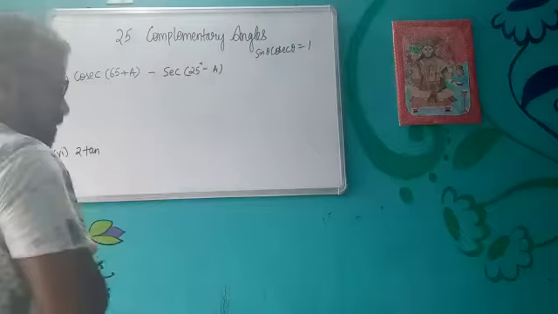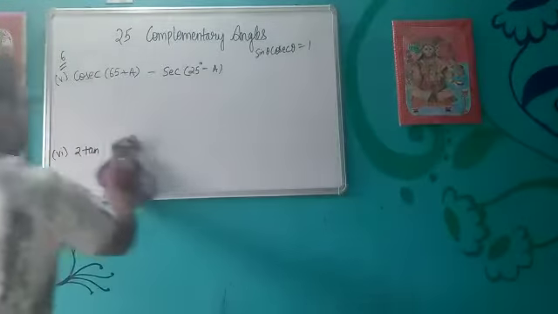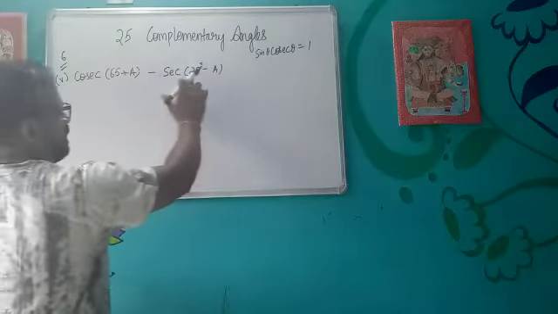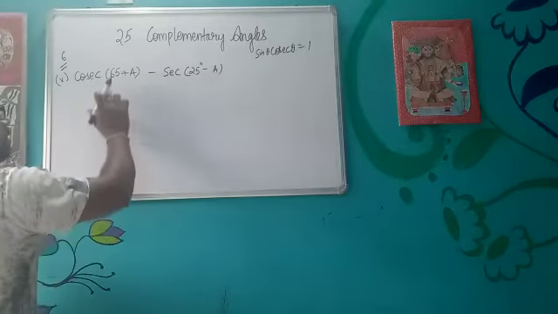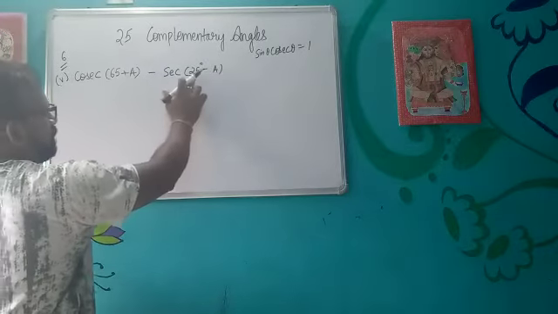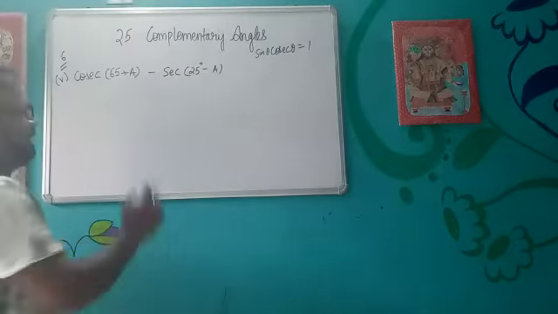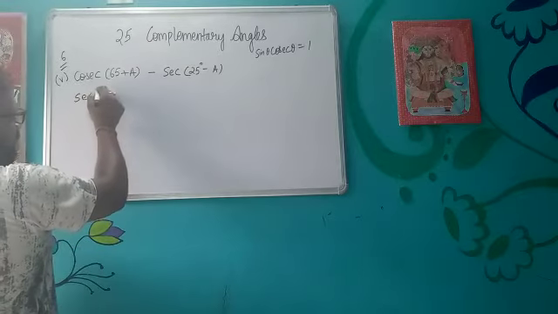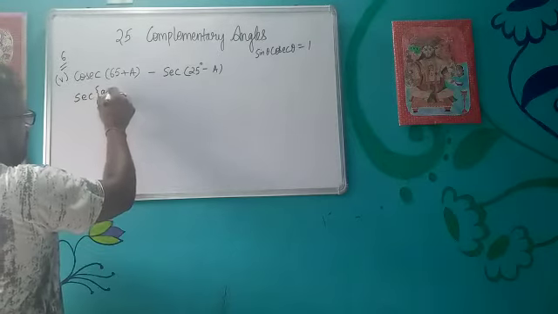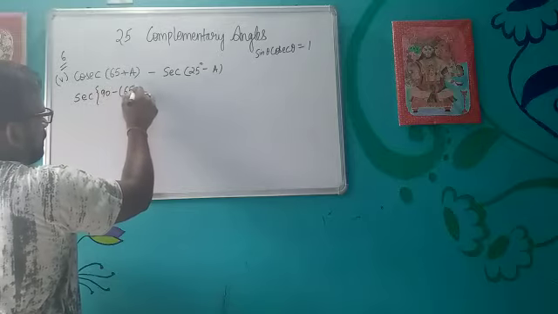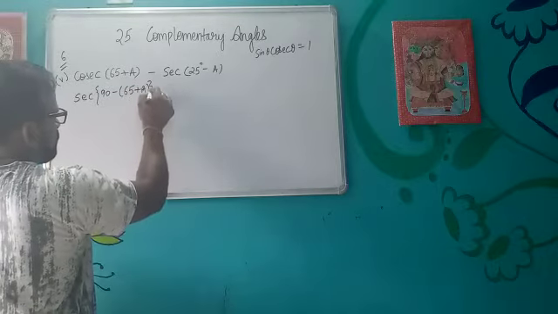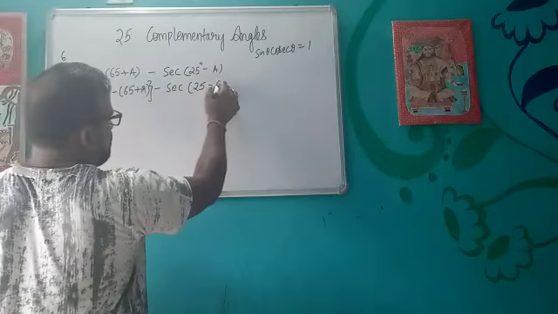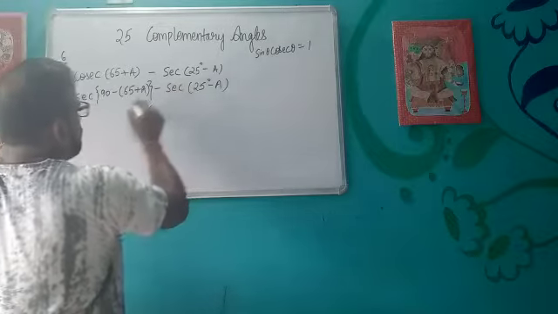Okay, let's discuss one more type. So in this, it is 65 plus a and it is 25 minus a. So if you see carefully, 65 plus 25 will make 90 degree. So again I am replacing cosec by sec, and it becomes sec 90 minus theta minus sec 25 minus a.